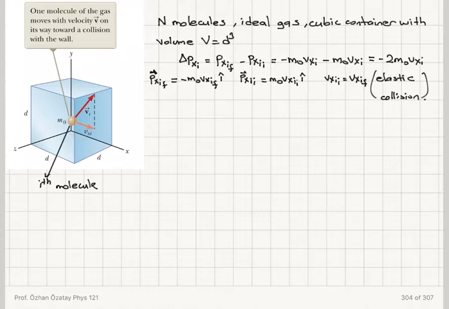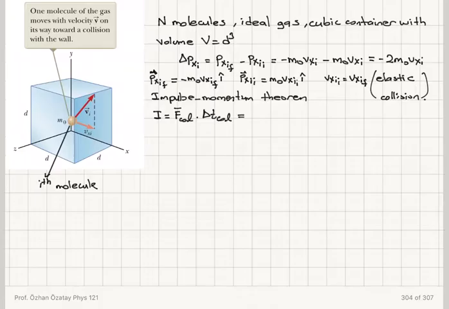Alright. And the change in momentum is due to the force that is applied by the wall during the collision, and we have basically the linear impulse-momentum theorem. So I'm going to use the impulse-momentum theorem, which states that the impulse applied by the wall is the average force it applies during the collision, times delta t, the time of the collision.